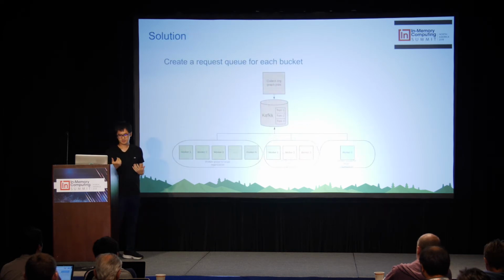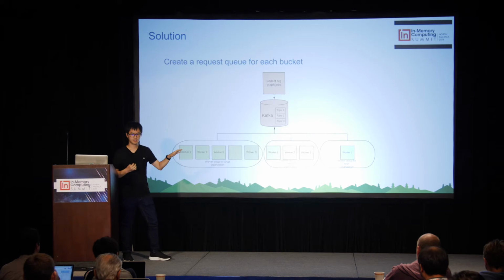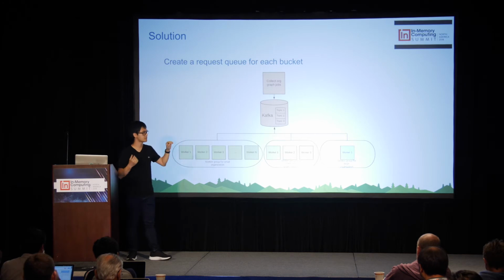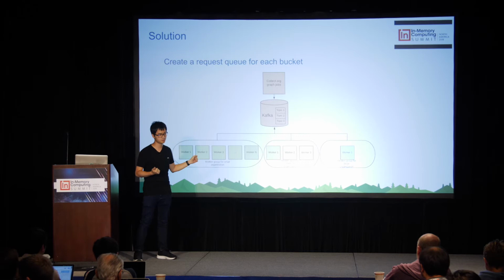And how can we resolve the issue? We had a discussion, and we found that it's because we pre-assigned the users into buckets and partitions. Why don't we let the workers pull from the queue?